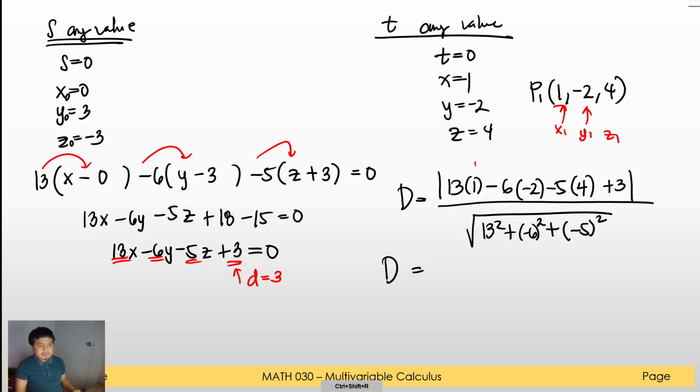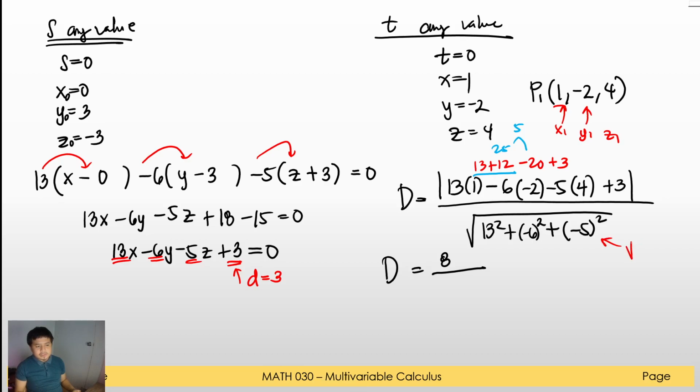So what is this? We have 13 plus 12 minus 20 plus 3. So this is 25, minus 20, this will be 5, plus 3, so this will be 8.